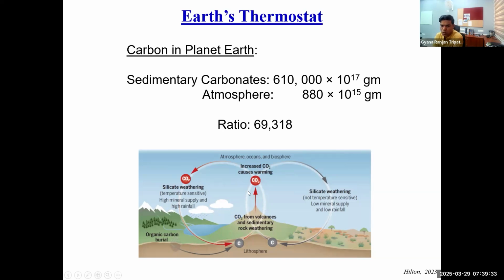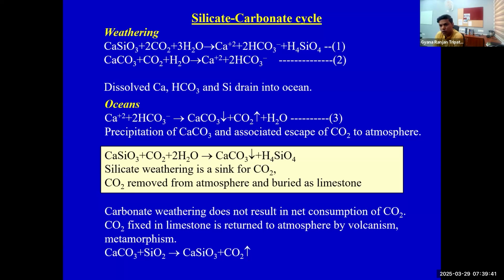CO2 produces carbonic acid, which weathers rocks and consumes the CO2, and that happens through multiple chemical reactions. In the silicate and carbonate cycle, silicate minerals generally consume CO2 when they transform from silicate to carbonate in the ocean basin.